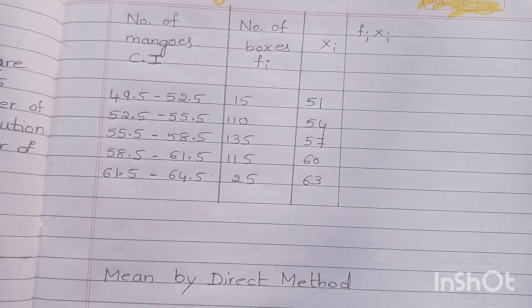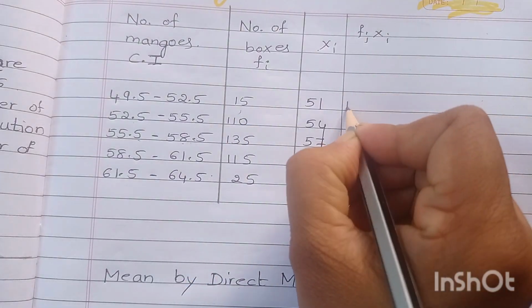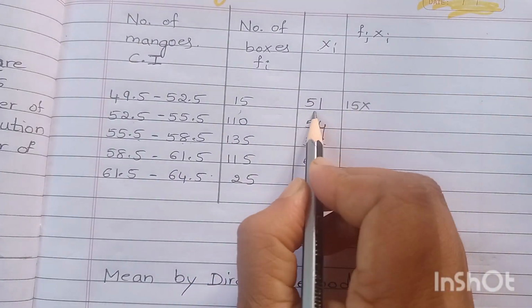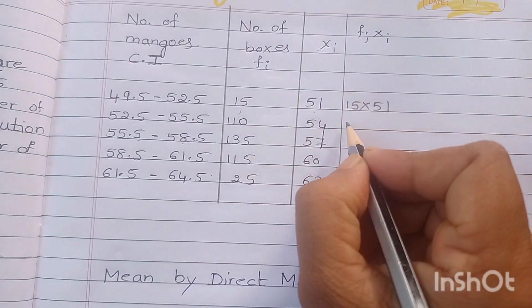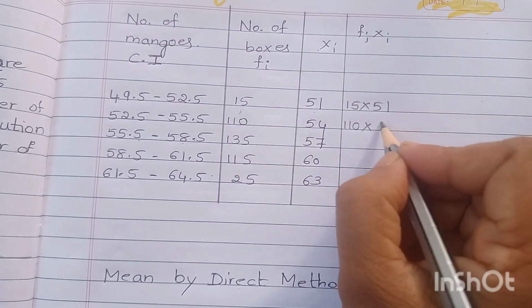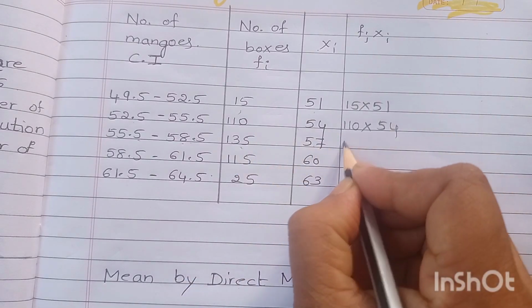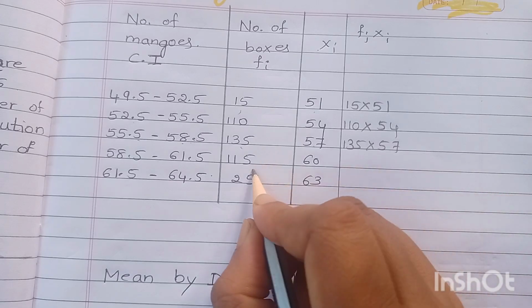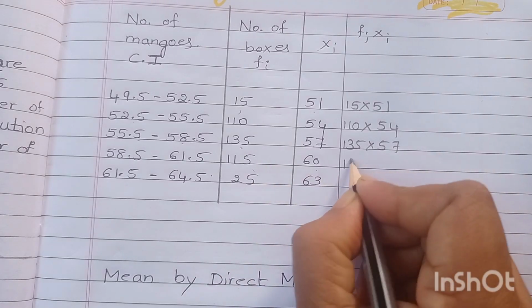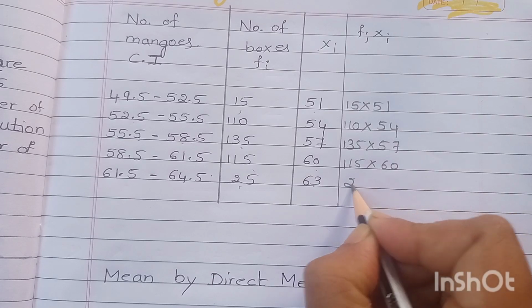Our fi is 15. This one, 15 into 51, then 110 into 54, 135 into 57, 115 into 60, 25 into 63.